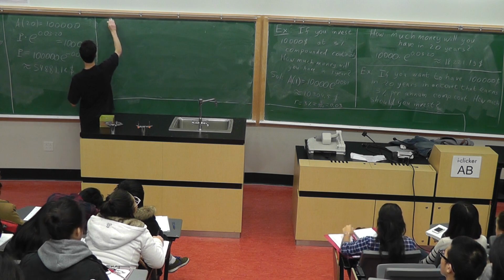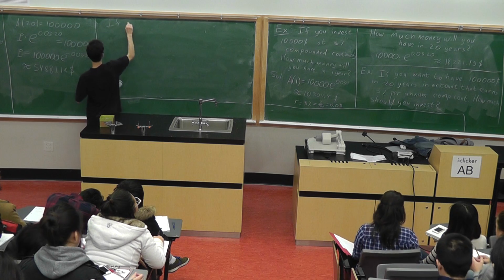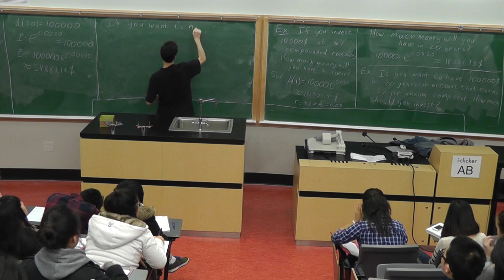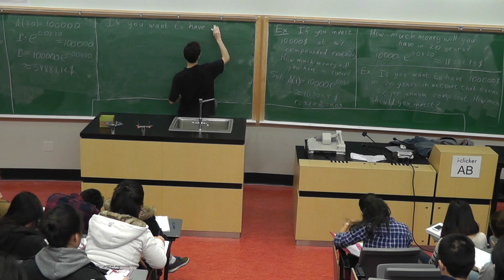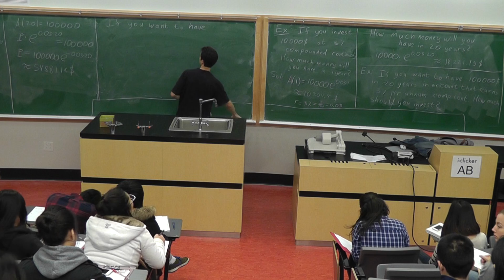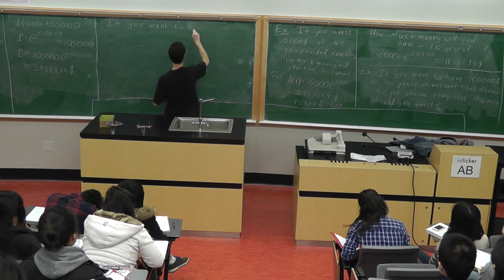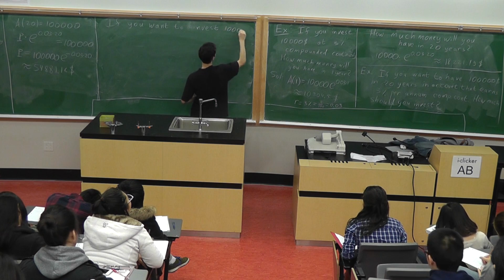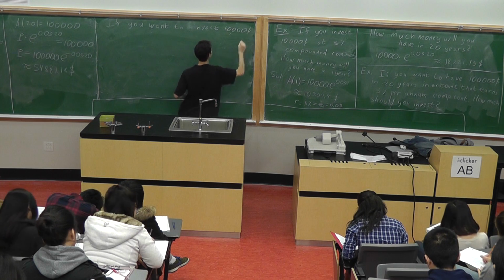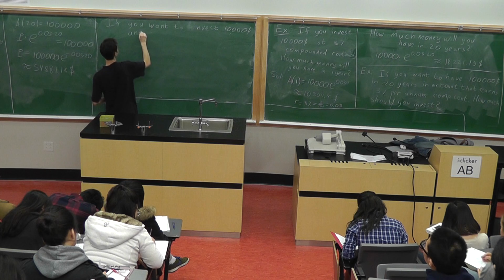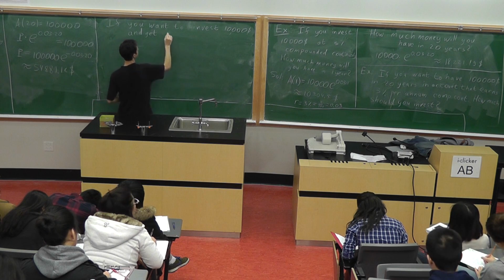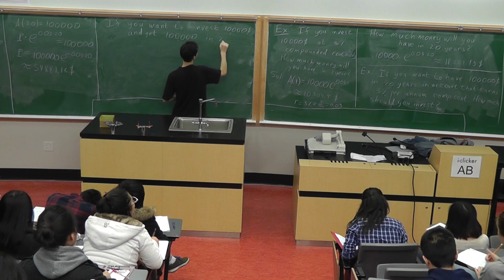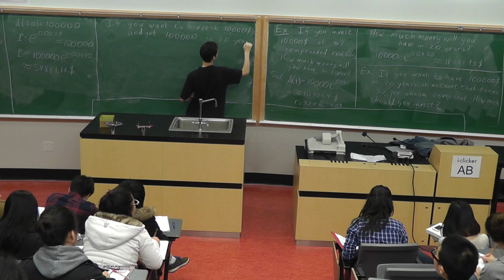The third question would be, if you want to start to invest $10,000 to get $100,000 in 20 years, continuously compounded.